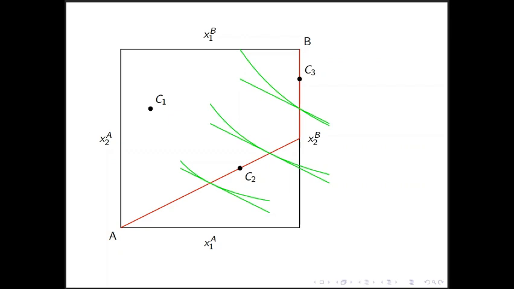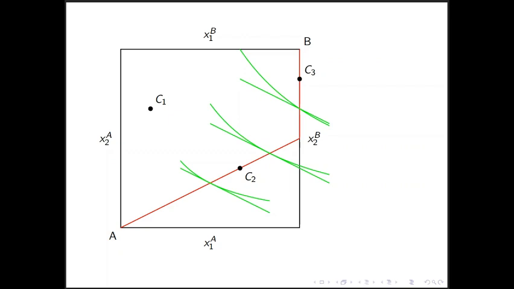Now, the point here is that if you look at the part of the contract curve that is interior, that is not on the border of the box, you will see that at those points, the indifference curves are exactly tangent. That's the case, for example, at point C2.